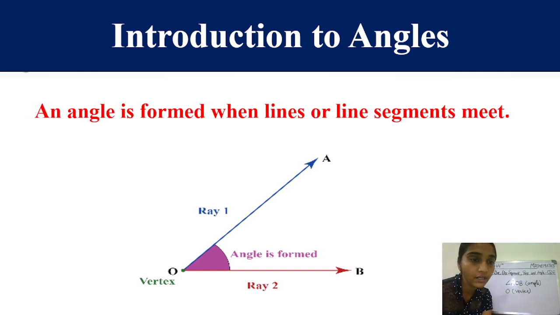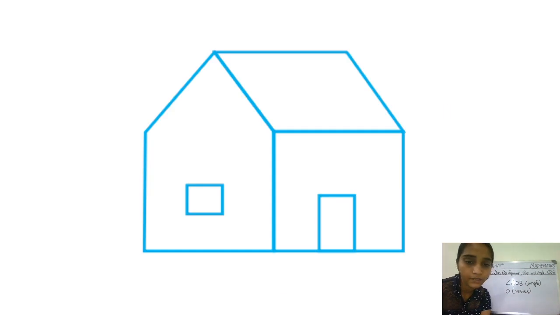So now let's move ahead. Yes, students. So what do you see now on your screen? Yes, it is a house. In this house, by joining lines we have made this house. Okay, so students, if I ask you to identify the angles formed over here, will you be able to identify and mark them?